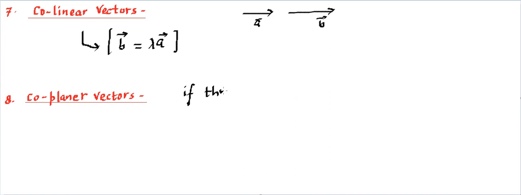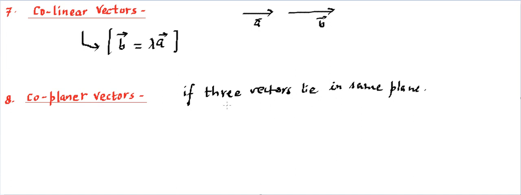If three vectors and more than three, that will work. If three or more than three vectors lie in the same plane, then they are known as coplanar vectors.